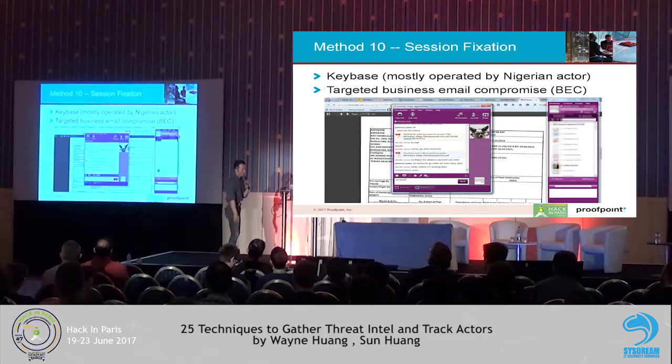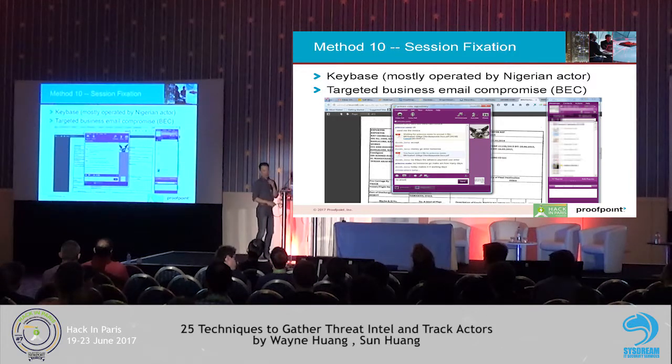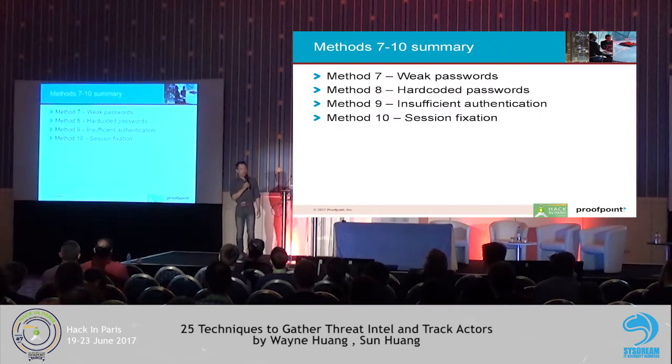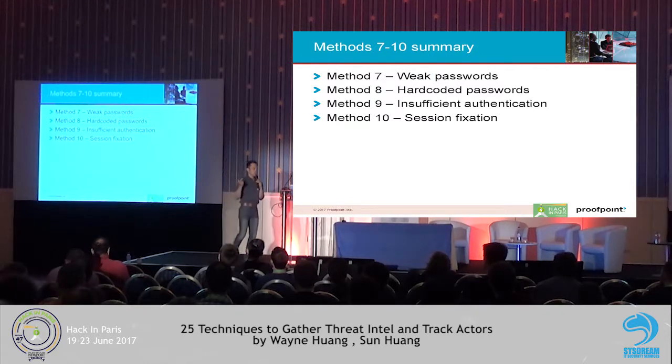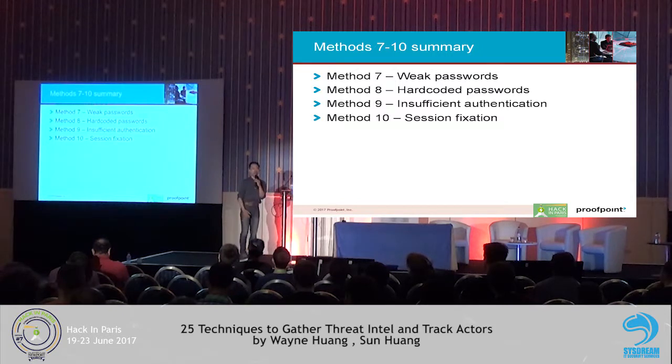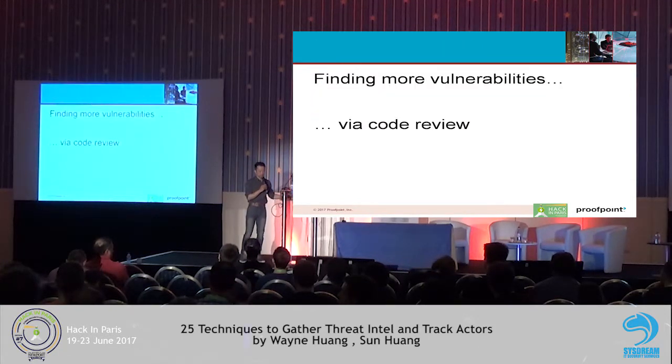And they do and they are successful, and they make a ton of money, and they're very active, and they don't know we're staring at them. Okay, so methods 7 through 10: weak passwords, hard-coded passwords, insufficient authentication, session fixation, all of which will get us authenticated against your panels.